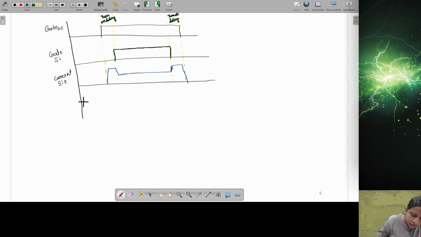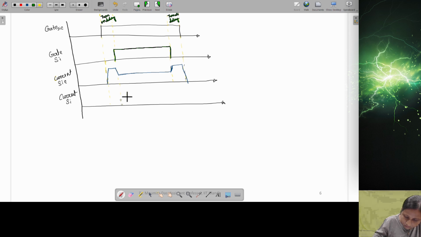And now the current through this silicon IGBT will be this.